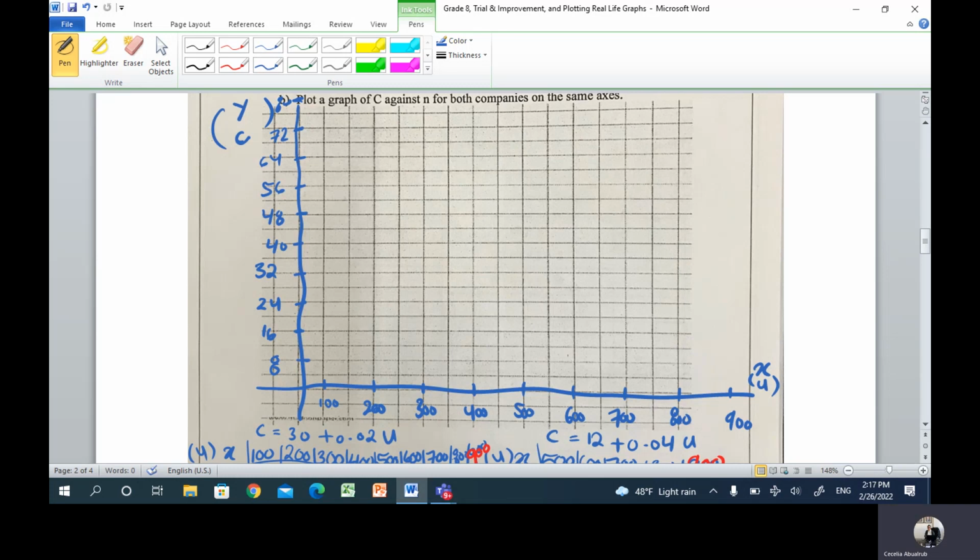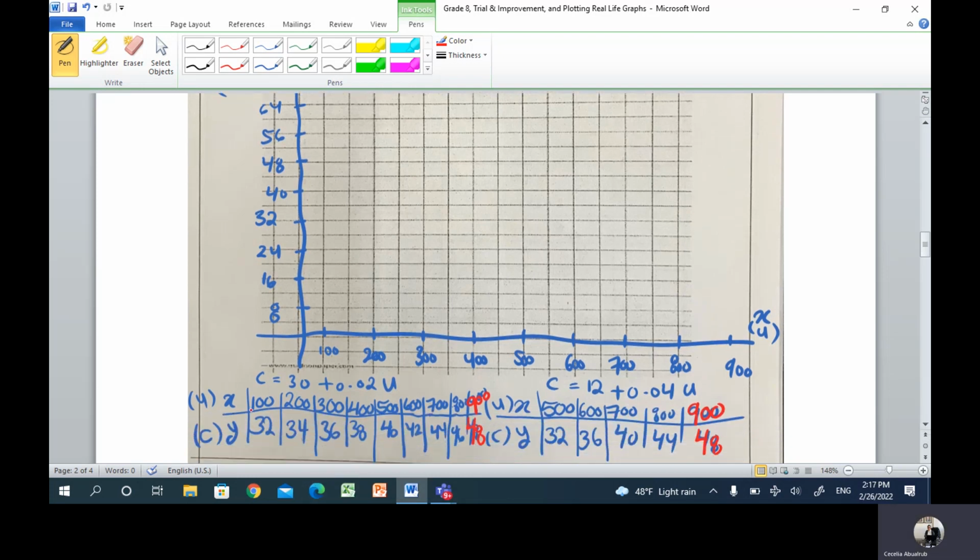All right, let's start with the plotting. So the first value, if you look here, is 132. So we're going to go to 100 and 32. This is the first plotting so that I can draw the first line. Let's say that I do not want to plot every point that I have.